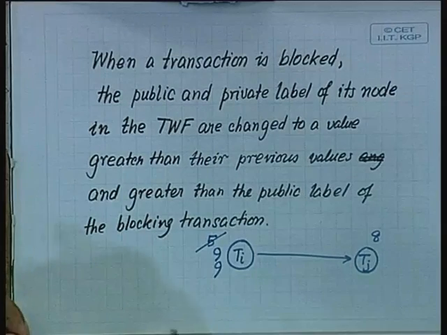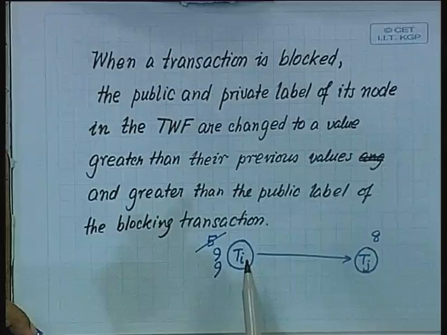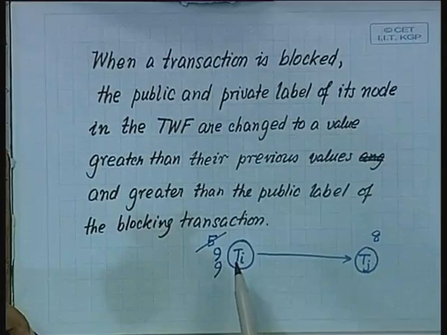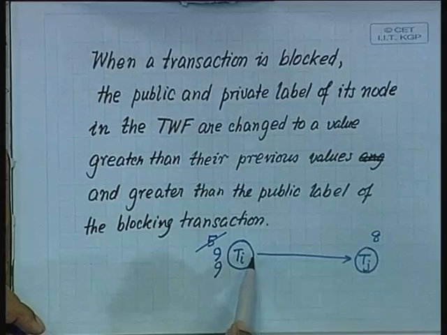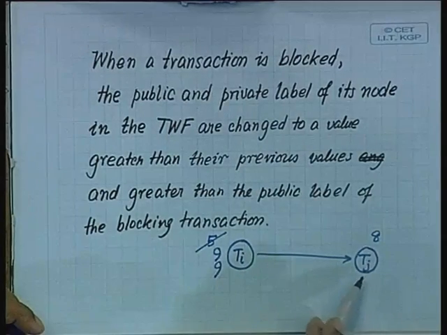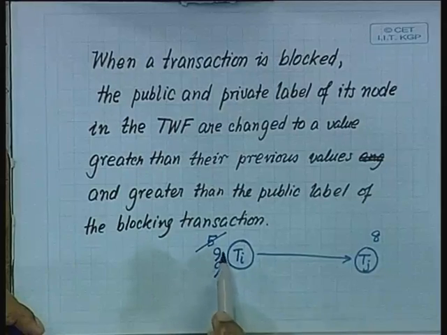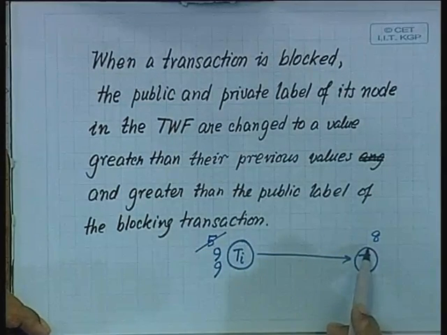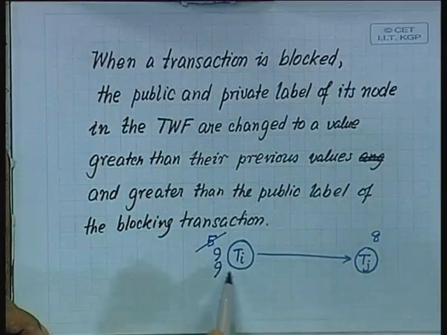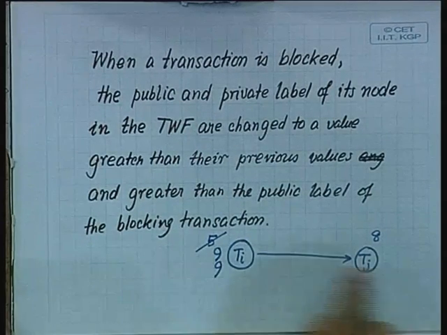Now, the idea here is that we will eventually want the transaction having the largest label to abort itself, and it makes sense because this one is coming and joining later on. So, this is a better candidate for abortion than Tj, because Tj started earlier, it was doing something, and now Ti has come and become dependent on Tj.